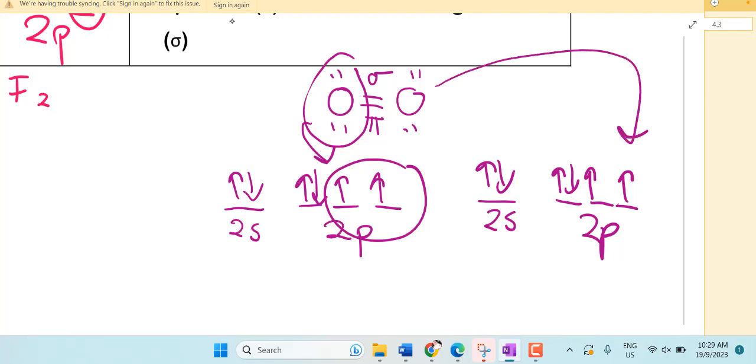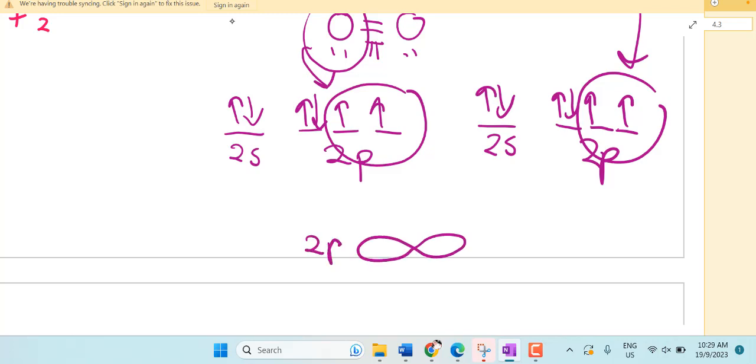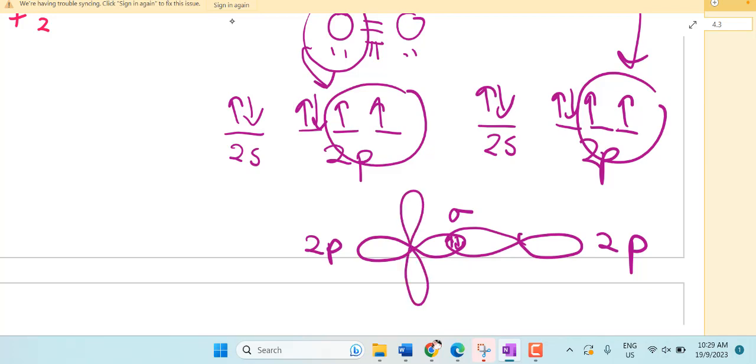Same goes for this one. So you have sigma and pi. The formation of sigma is a p orbital overlapping with a p orbital to form sigma, and then another p orbital overlapping with a p orbital to form pi.